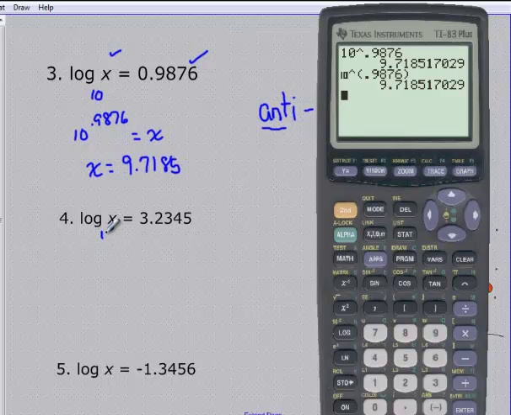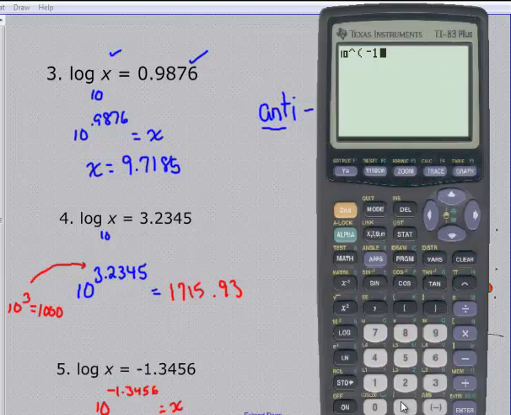Likewise right here, this is base 10. So this is saying 10 to the 3.2345 will get me something. Now, I know my answer is going to be in the thousands, because 10 to the third gets me 1,000. So this is 10 to the third and a little more.